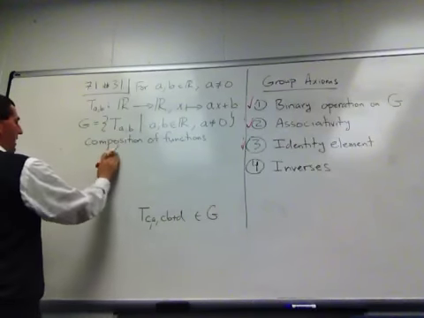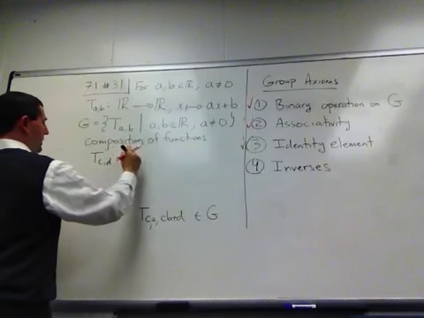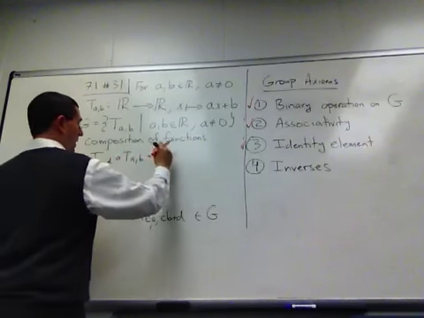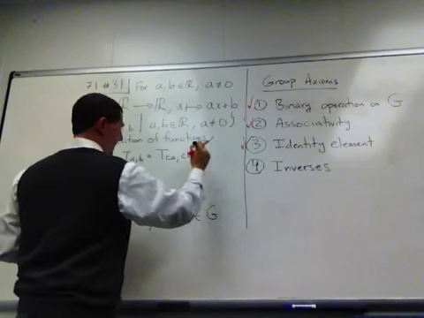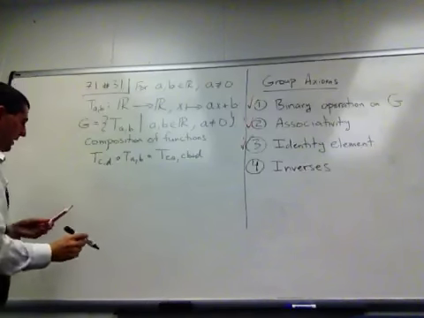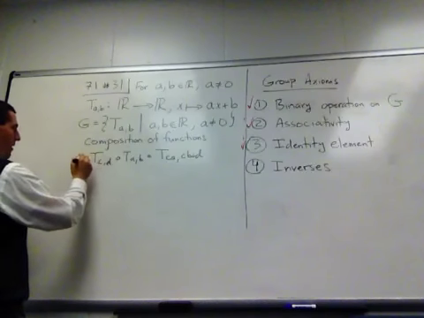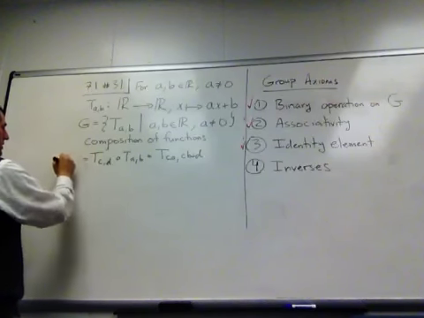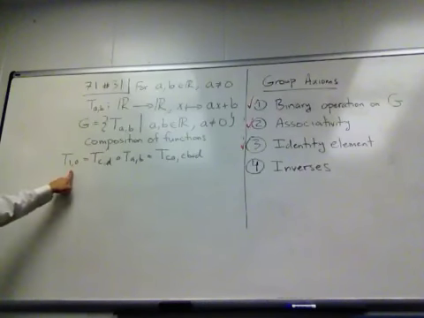We remember that t sub cd after t sub ab is the same thing as t sub ca comma cb plus d, and we want it to come out equal to t sub 1, 0. That's the identity element.